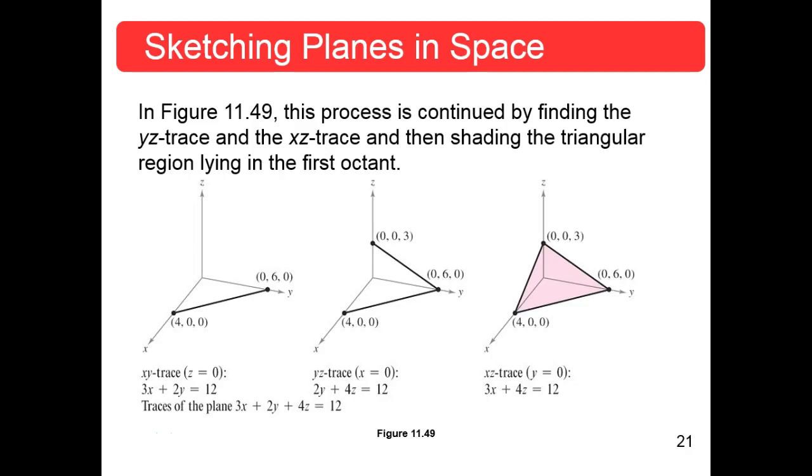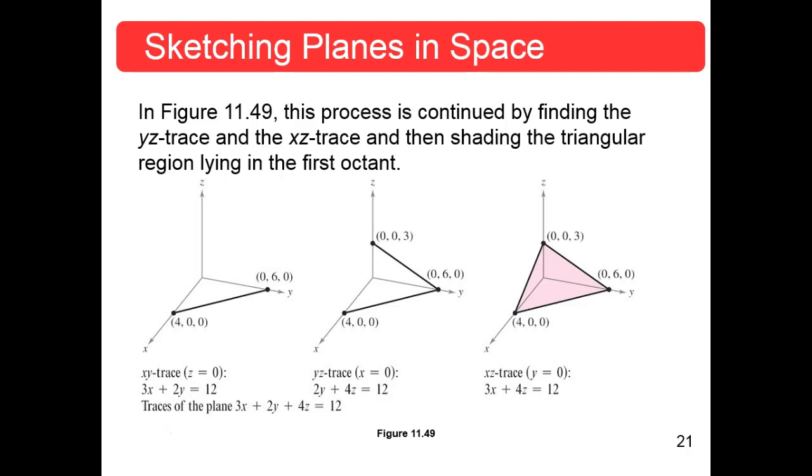And then it's just a matter of drawing one more line from here, and there's a line that connects those two. So we did this xz trace, okay? But we still came up with z equals 3. So we did this one second, and that's the third one, okay?